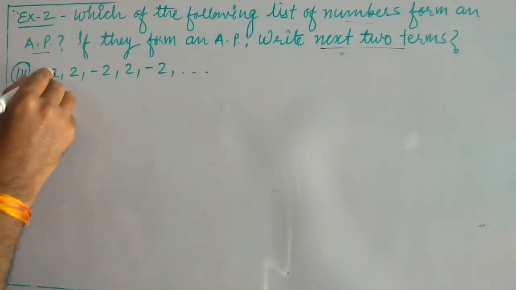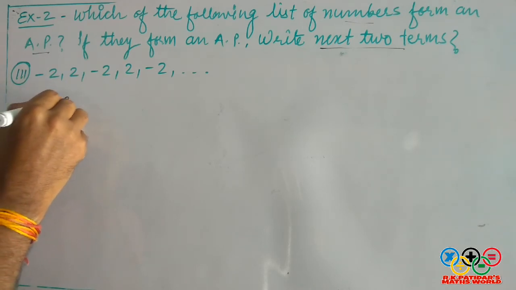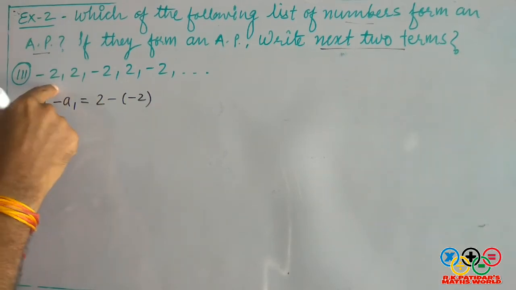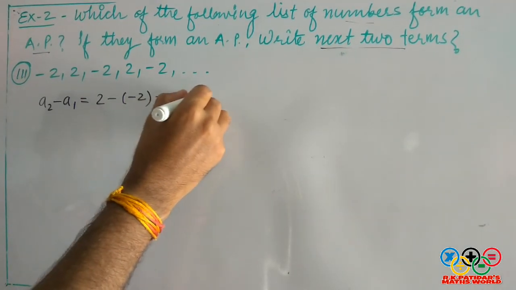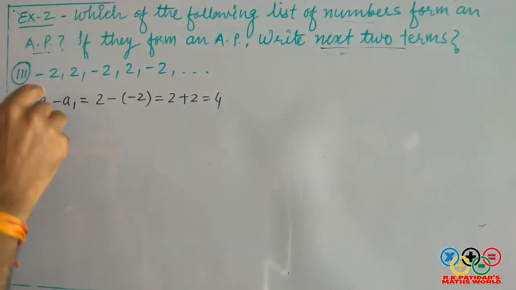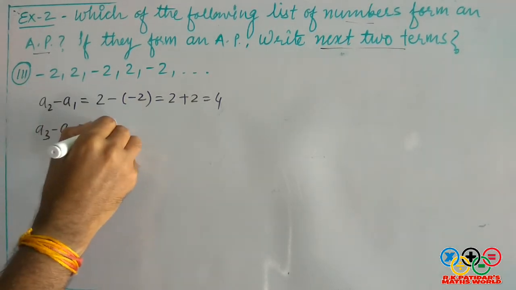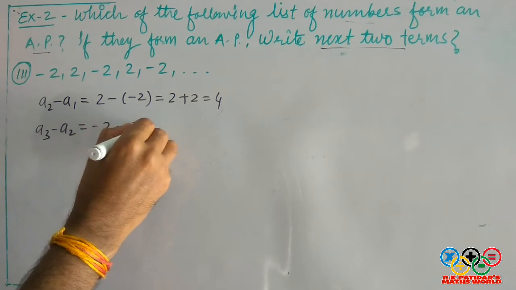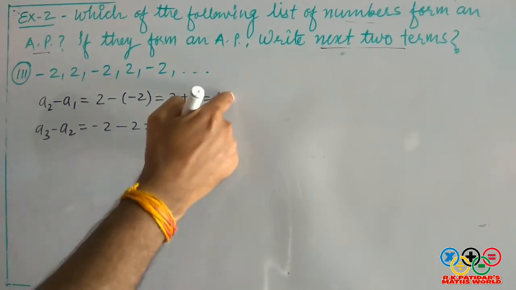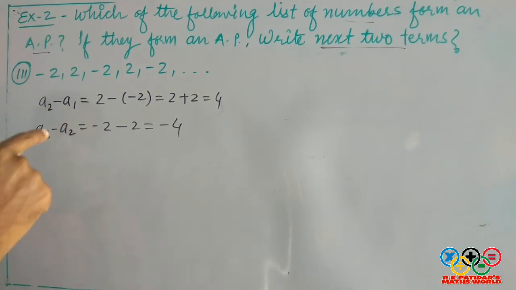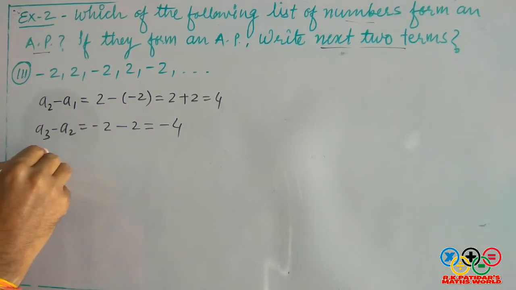See the next one. Here if you find out the common difference, A2 minus A1, that is 2 minus minus 2, which is 2 plus 2, that is 4. Now third term minus second term. Third term is minus 2 minus second term, which is 2, so minus 2 minus 2 is minus 4. What we observe? The difference between first two terms and the third and second term does not remain same.